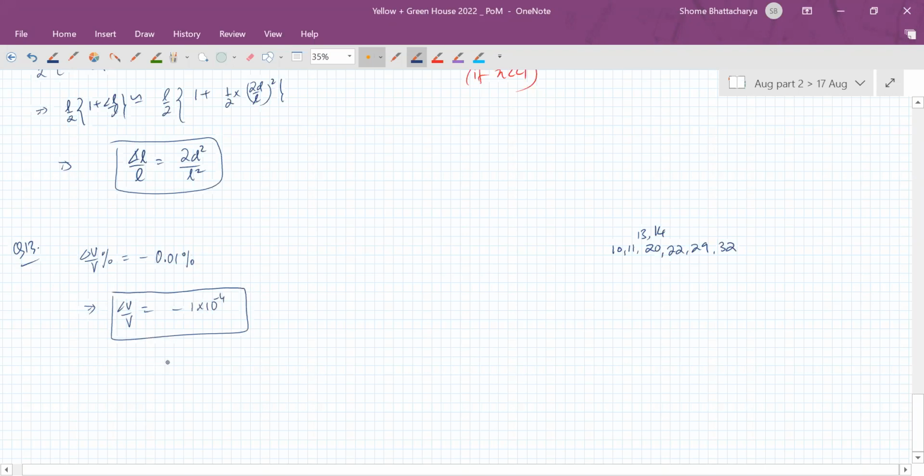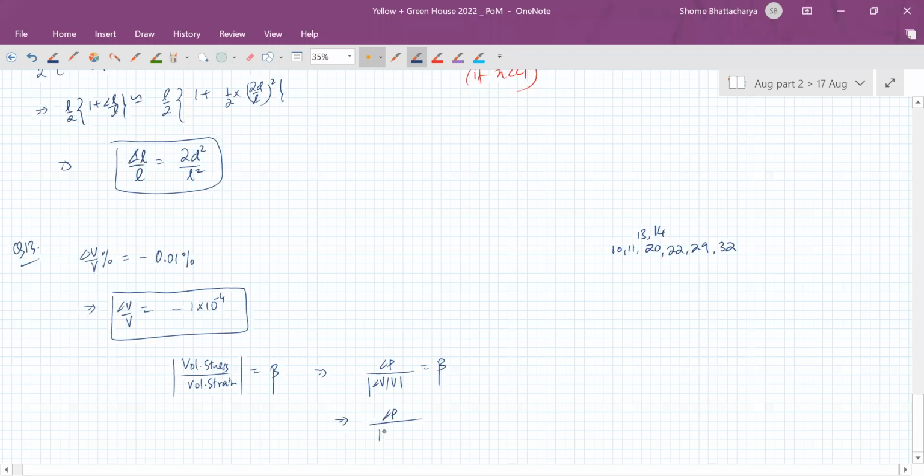Now you apply the concept that volume stress upon volume strain is equal to Bulk's modulus, or delta P divided by mod of delta V by V is equal to Bulk's modulus.